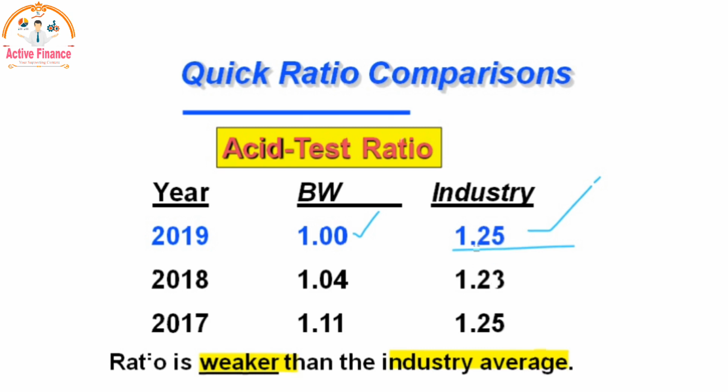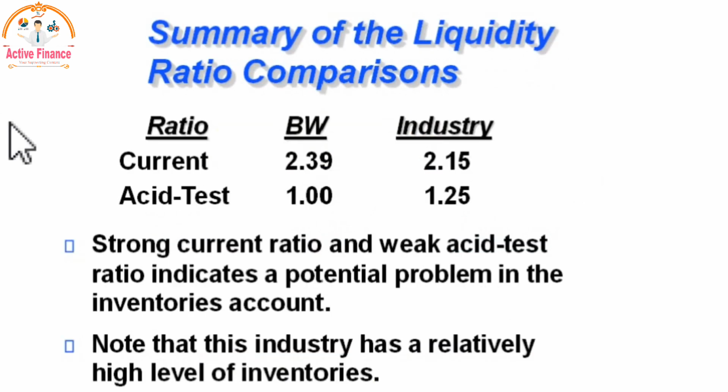Now summary of liquidity ratios comparison. Here are the liquidity ratios, the first one is current ratio and the second one is acid or quick ratio. So these current figures are given here and these are the industry's average ratios. So here is a statement which we have analyzed in our analysis.